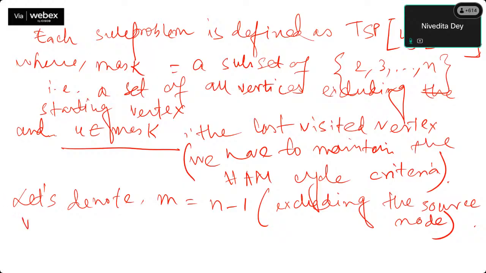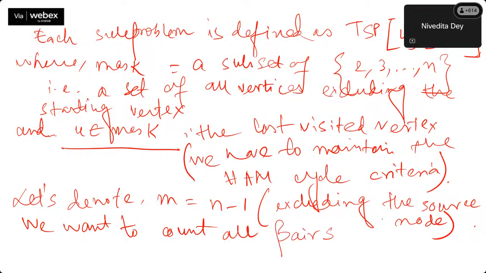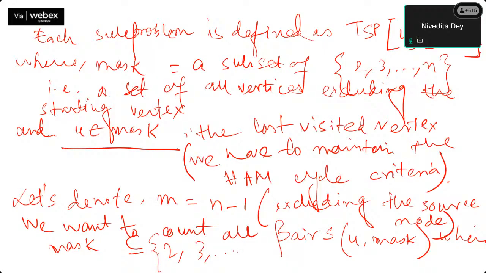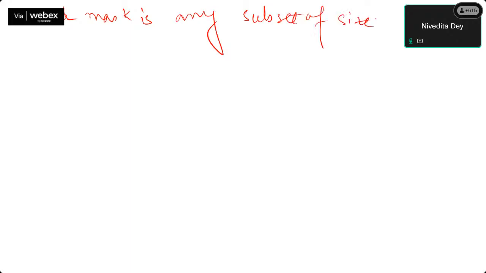Now we want to count all pairs in the form of U and mask, where mask is basically a subset of 2, 3, likewise n, and mask is any subset of size k, k belonging to 1 and m.